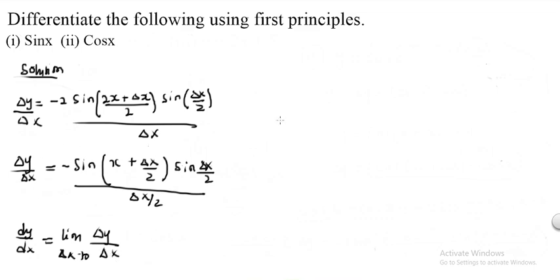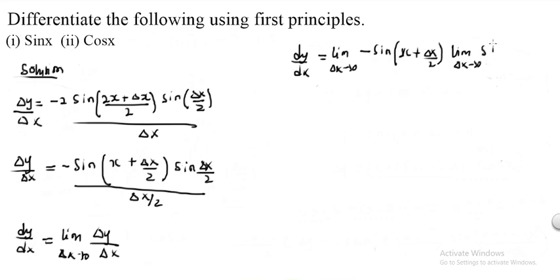So if I take the individual limits here, I have dy/dx as equal to the limit as delta x approaches 0 of minus sin((x plus delta x) over 2) times the limit as delta x approaches 0 of sin(delta x over 2) divided by delta x over 2.